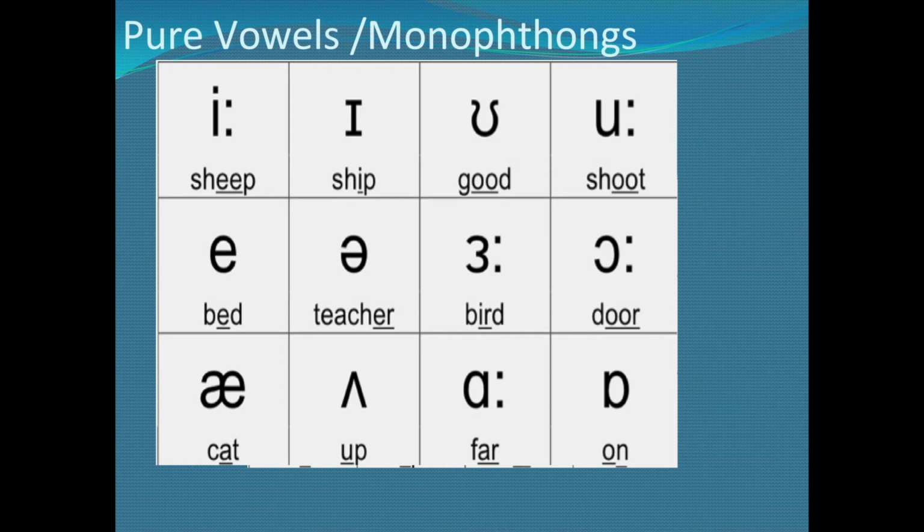Look at this picture: E like in sheep, E in ship, U good, U shoot, A like in bed, teacher, as the last final, or above as the first sound, bird, and door, cat, a sound, up, far, caught or on. So these are the pure vowels.